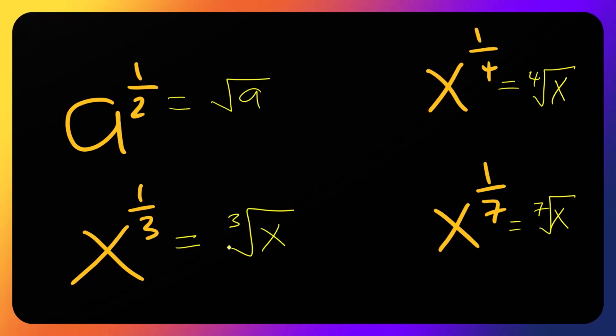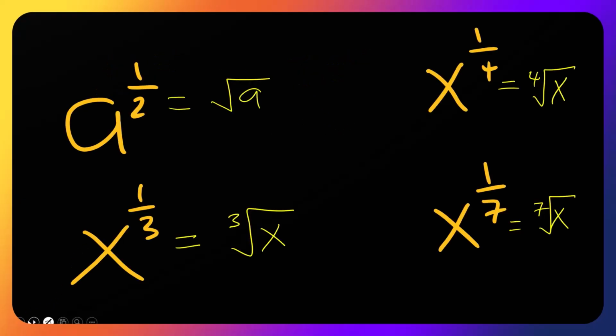So we are drawing a pattern here. 5 exponent 1 over n will be the nth root of 5. As simple as that.